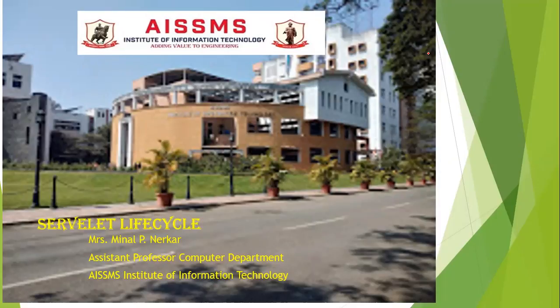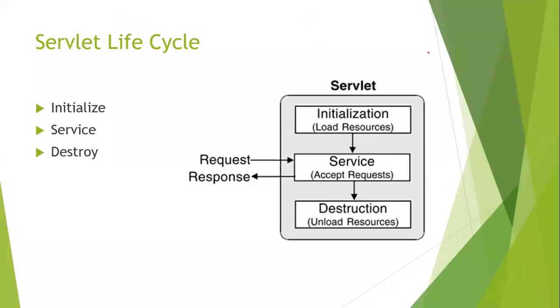Today we are going to see the servlet life cycle. Servlet life cycle has three phases, that is init, second one is service, and third one is destroy. So as shown here in this figure, in the initialization phase, all the required resources are loaded.